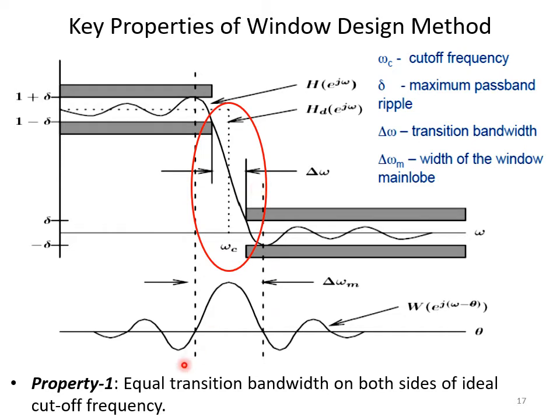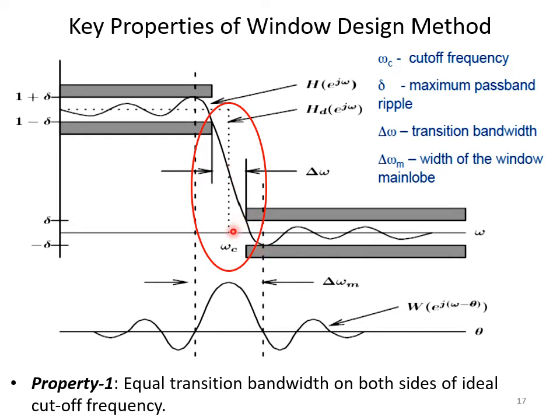The first key property of the window design method is equal transition bandwidth on both sides of the ideal cutoff frequency. The cutoff frequency is omega c, and half of the transition is from omega c to pass band, and half of the transition is from omega c to stop band.